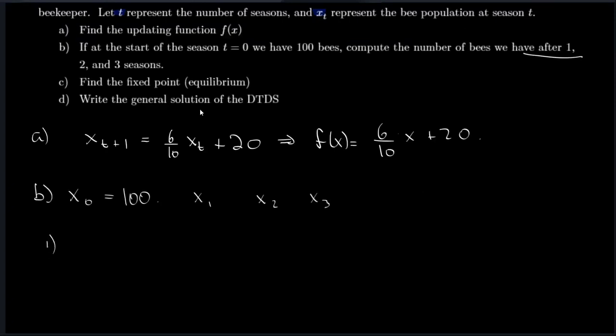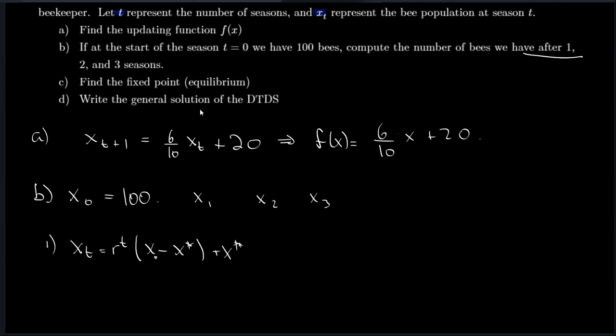First, because the updating function is of the form Rx plus D, we can use the equation X of T equals R to the T times X naught minus X star, plus X star, where X star is the equilibrium. That would allow us to find the population of bees at any time T.